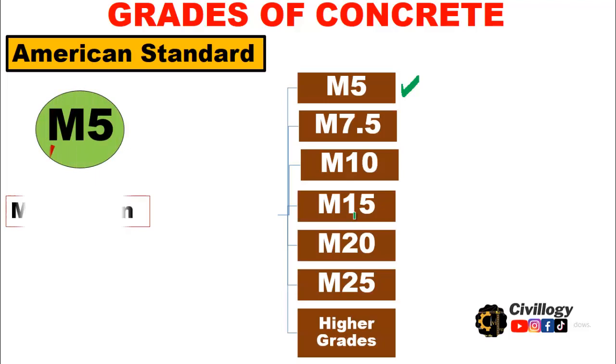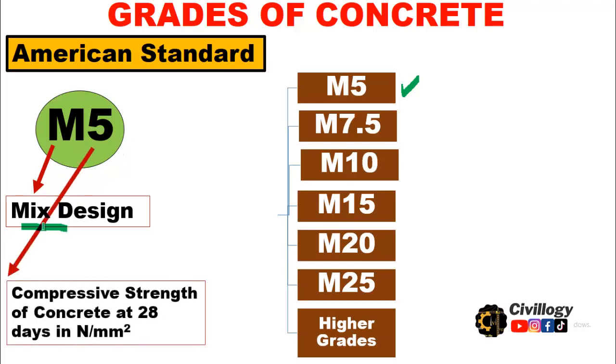So this means that M stands for mix design. By mix design we mean the mix ratio that we use for mixing the ingredients of concrete, as concrete comprises, as you know, cement, sand and coarse aggregate. So M stands for mix design, and the digit 5 means the compressive strength of concrete at 28 days in Newton per millimeter square.